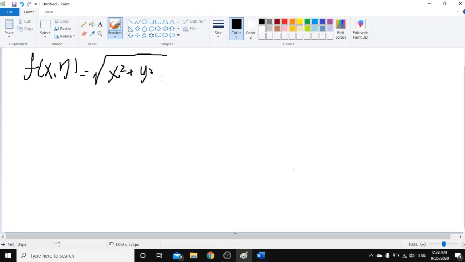Okay, let's take the partial derivative, but before that we need to change the style of this square root, so we can write it as a power. So we can write this equation as x squared plus y squared to the 1 over 2.